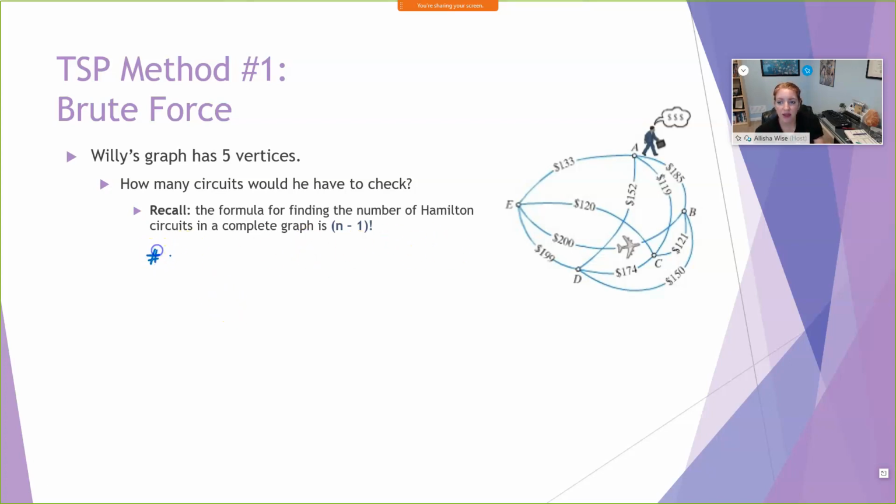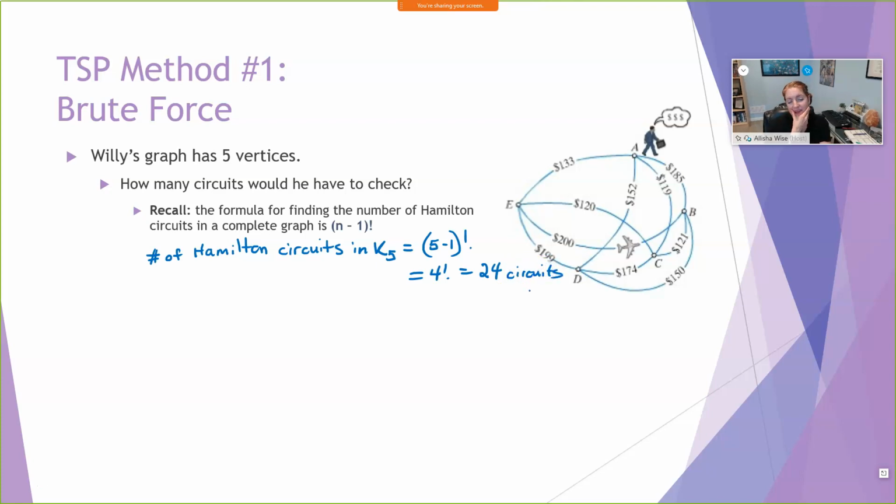So the number of Hamilton circuits in K5 would be 5 minus 1 factorial, or 4 factorial, which is 24. That's okay. 24 circuits.